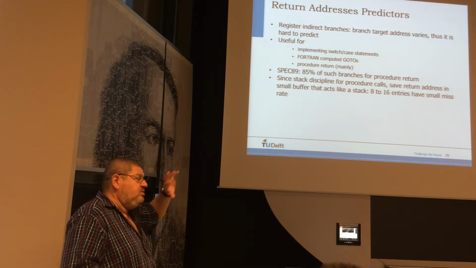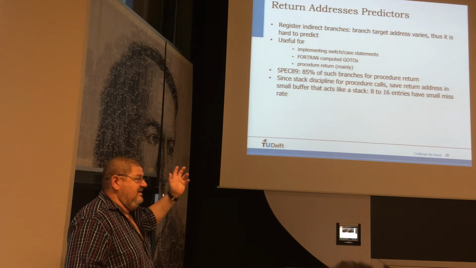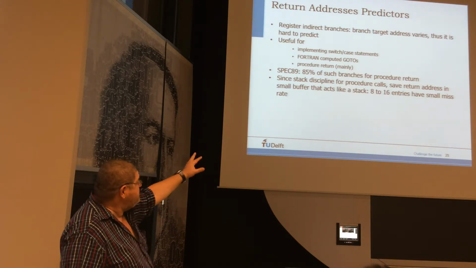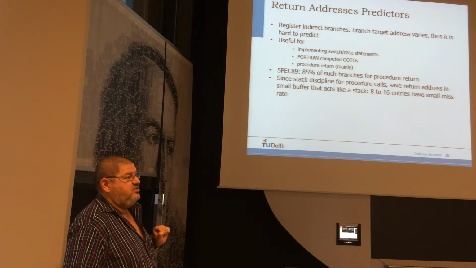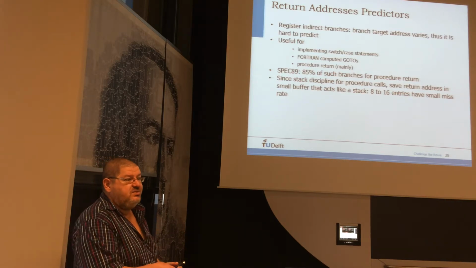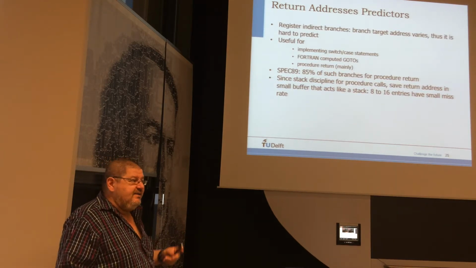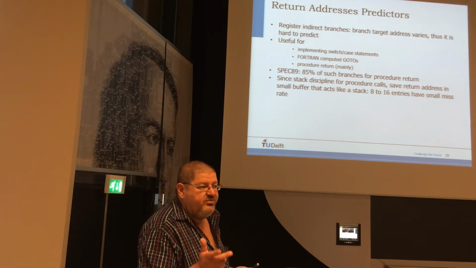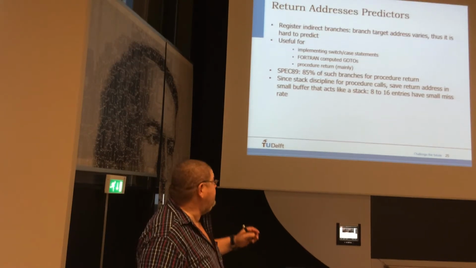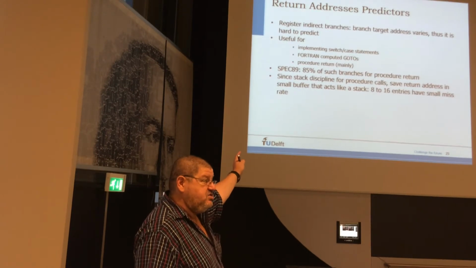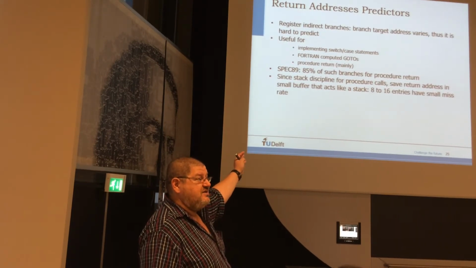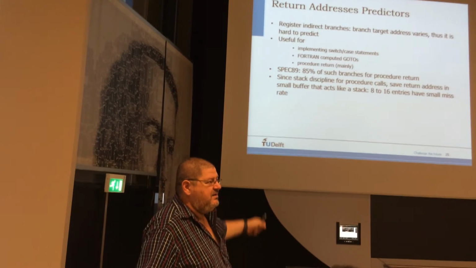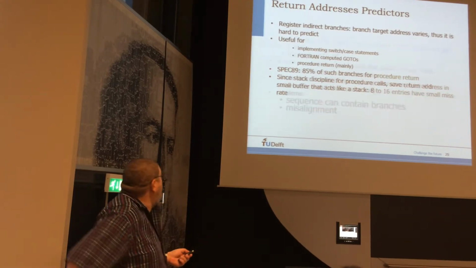Okay? It will not work all the time, but most of the time, with a very limited amount of entries, I can do that prediction as well. And each kind of trick is dealing with different kinds of branches. I mean, if I do a branch prediction on such a branch, which is a return from a function, it won't work.